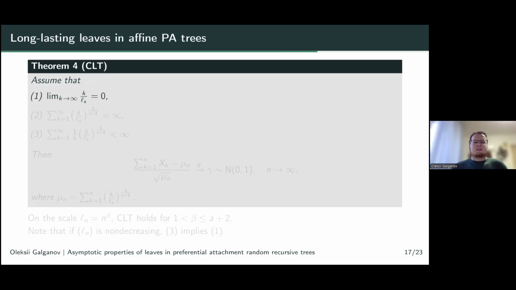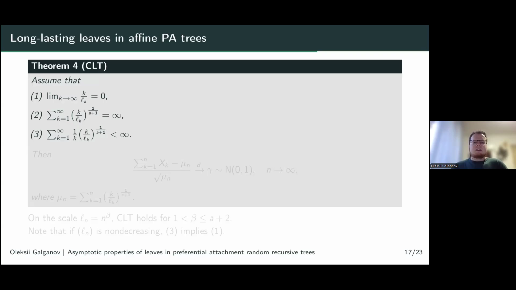So the first assumption is that k over Lk tends to 0. Next is the assumption that such a series diverges, which we have previously seen is the condition to have an infinite number of long-lasting leaves. And the final condition is a convergence of such a series. So it's similar to the previous one, but we additionally divide by k.